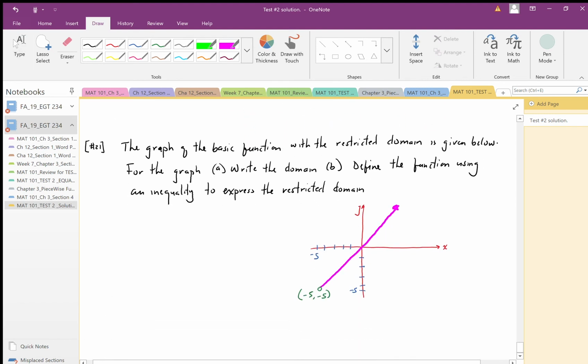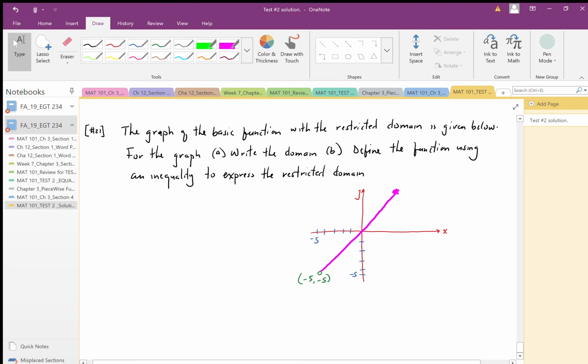Number 21, they're asking us to create, first of all, from this basic function here that we see here, they want us to write the domain, okay? And they want us to define the domain using inequalities, okay?